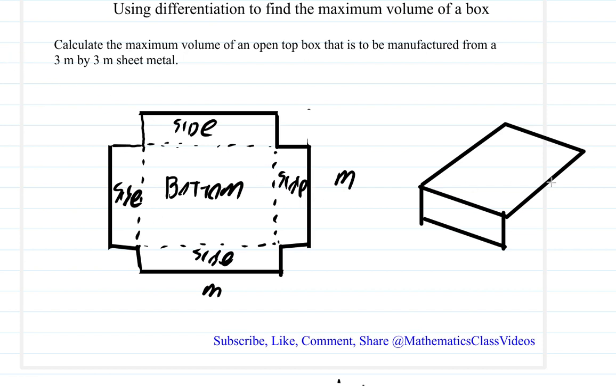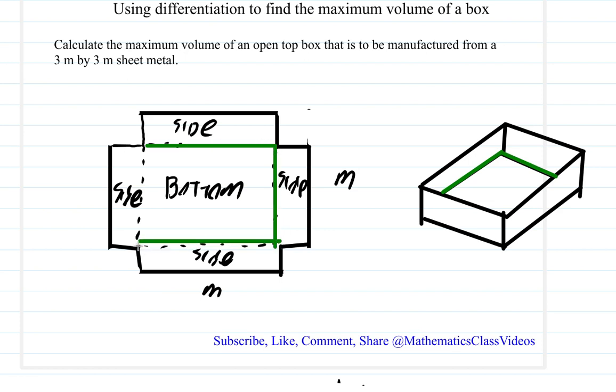Now here, the box. We have it folded along here. So the folding would be along these green lines, right? All right, so that's what we have.